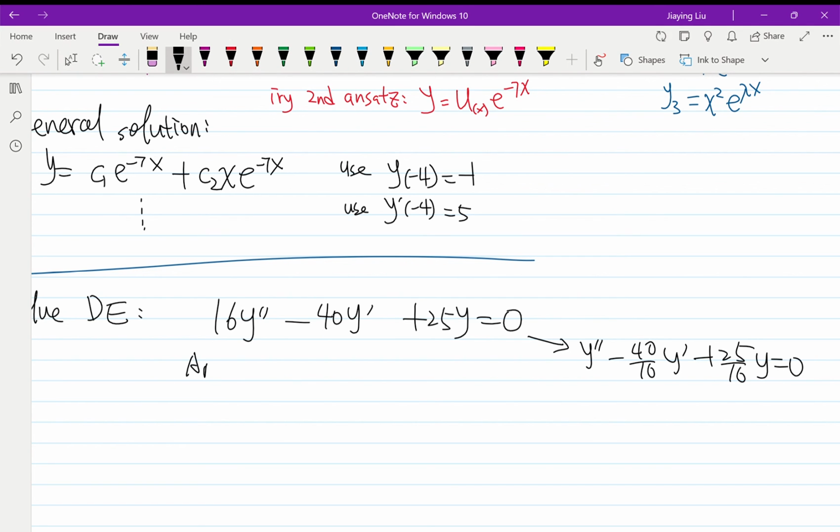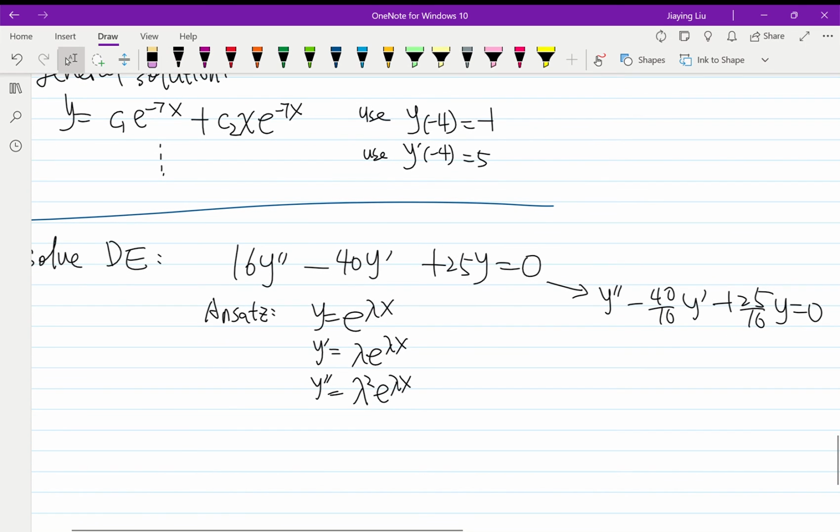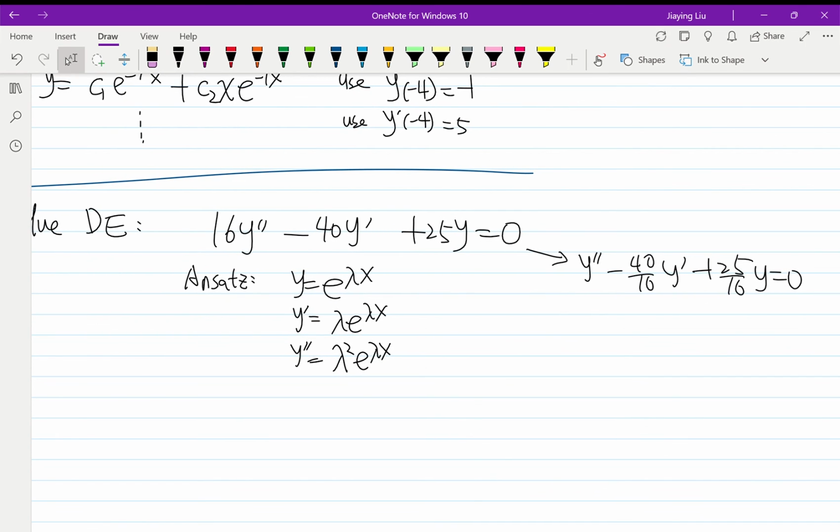So the ansatz doesn't change. y equals e to the lambda x. And to find the first and second derivatives, I'm just going to write them down quickly. Then we can plug them in; it doesn't matter which one you plug those terms into.